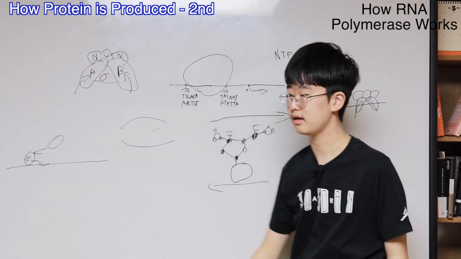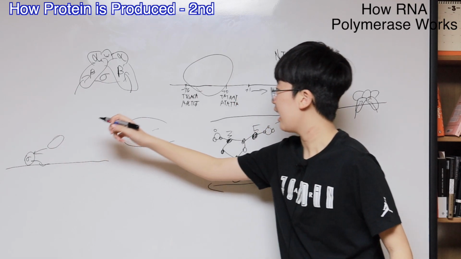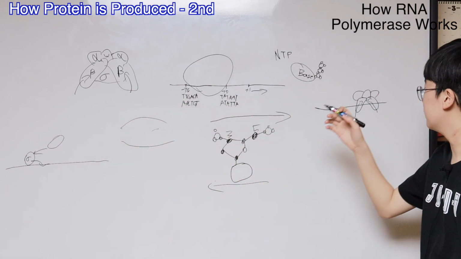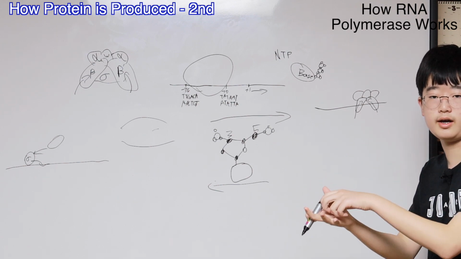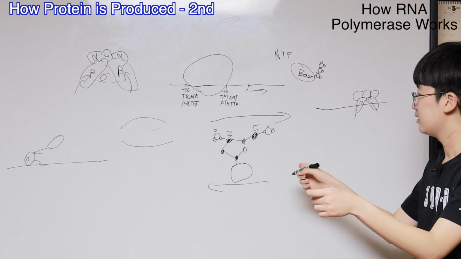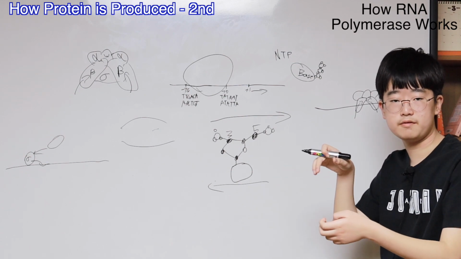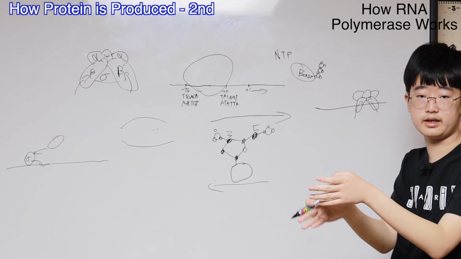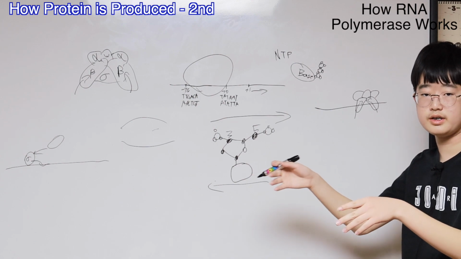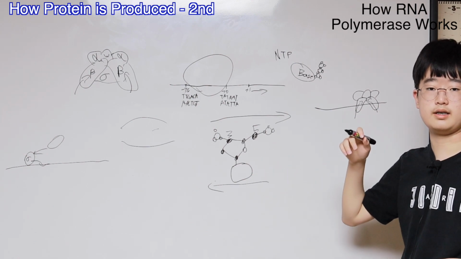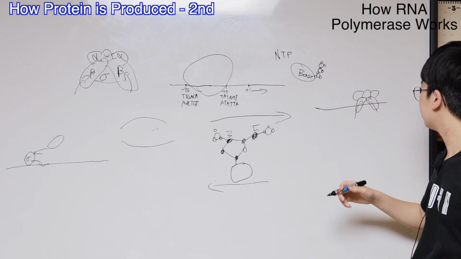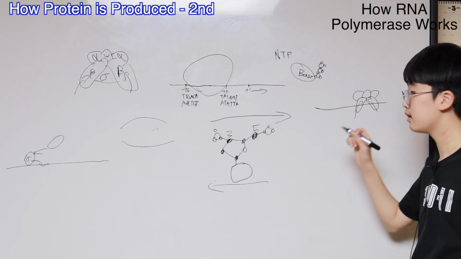This is kind of right. Some part of the RNA polymerase is put inside of the gene, inside of the DNA, in the slit of the 2 strands, and starts catalyzing the RNA.